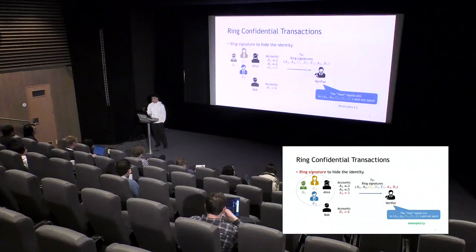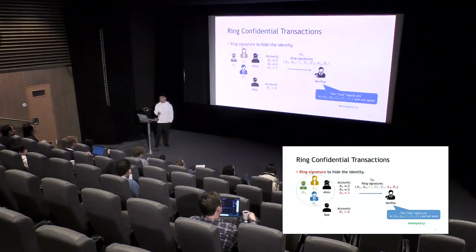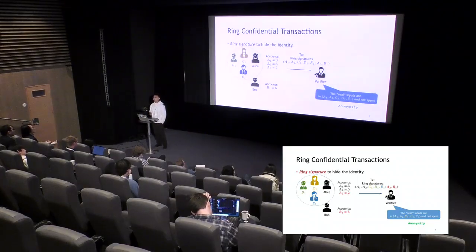Okay. So the second target is called anonymity. In this work, we mainly focus on the ring signature, the technique to achieve anonymity. A ring signature can hide the identity of the real signer among a ring of members. Here, Alice and C1, D1, E1.